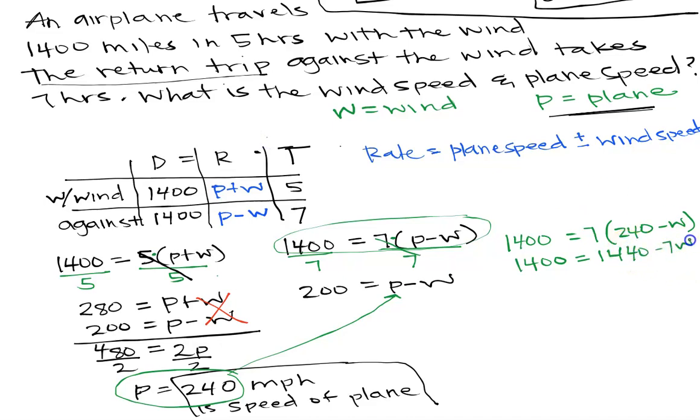And then minus 7W, so I'll subtract the 1440 over. So I get negative 40 equals, whoops, wait a minute, I did not do that right. That should not be there. I got 1,680. Yeah, you are right. 1,680. Thank you.